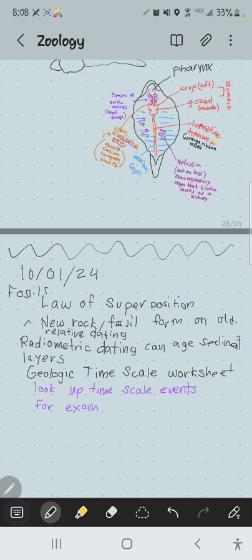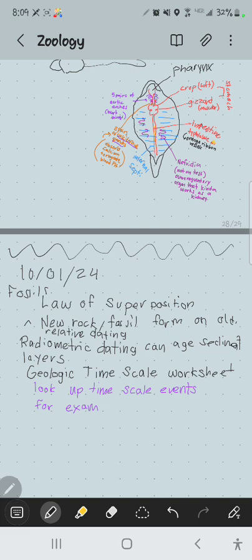Igneous rock is basically any rock or geologic material that derives from the Earth's core. We have magma, molten rock and molten iron and molten elements essentially, in the Earth's core.